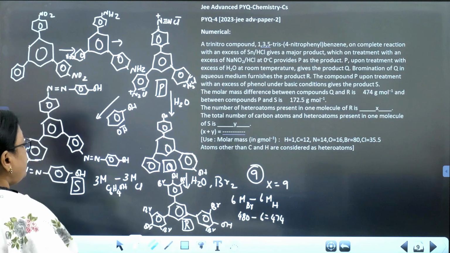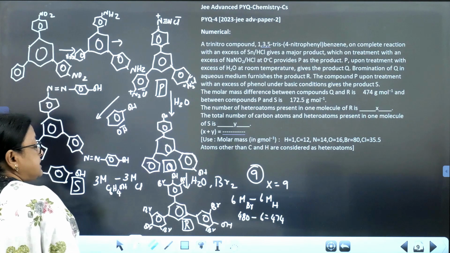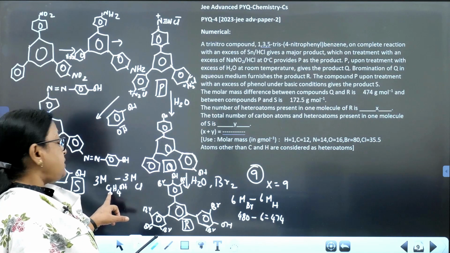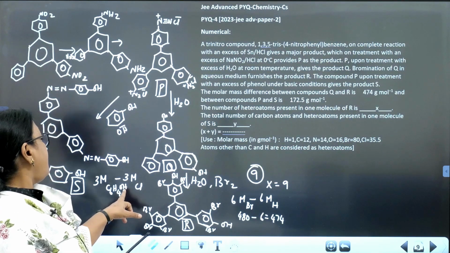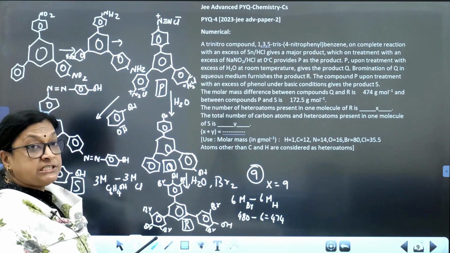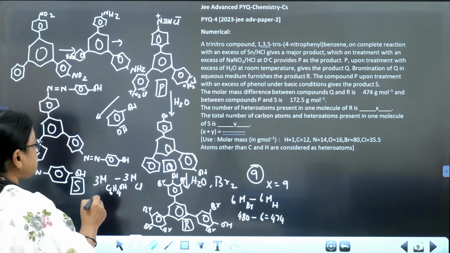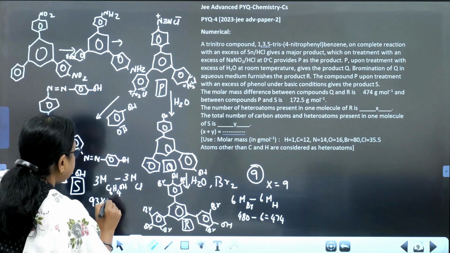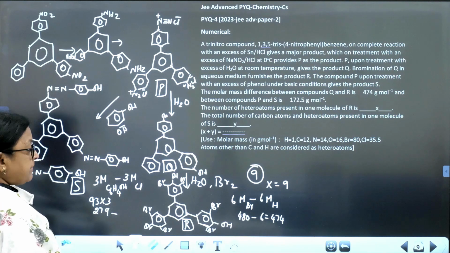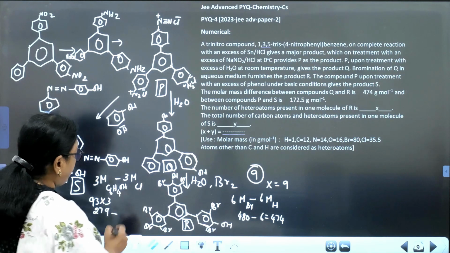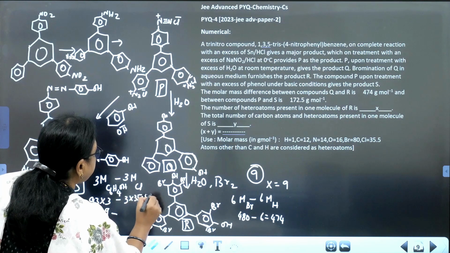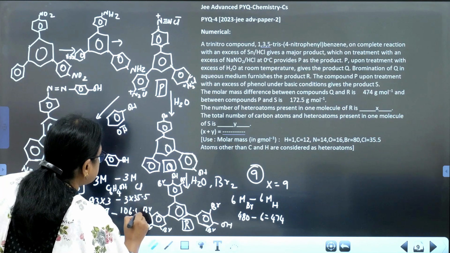So when you do the molar mass of C6H4OH, it will come out to be 72 plus 5 plus 16, you get it as 93. 93 into 3 comes out to be 279, minus 3 times the atomic mass of chlorine, which is 3 into 35.5, which will come out to be 106.5.